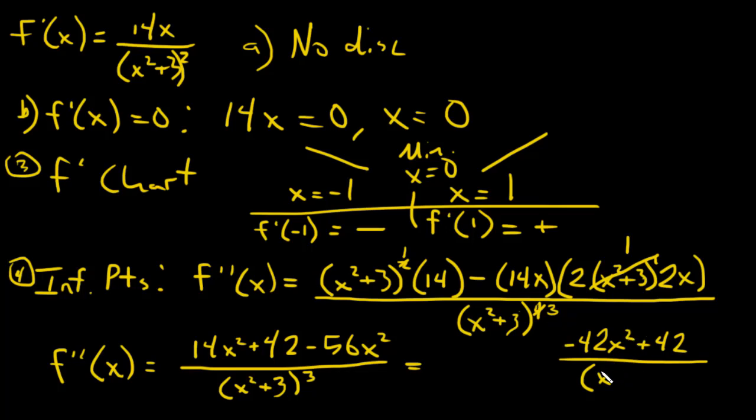So anyways, over (x squared plus 3) to the third power. Okay, so this is my f double prime of x. And so I'm going to copy that onto the next page, and we will start clean and fresh. So here we go. If I can actually clear this.